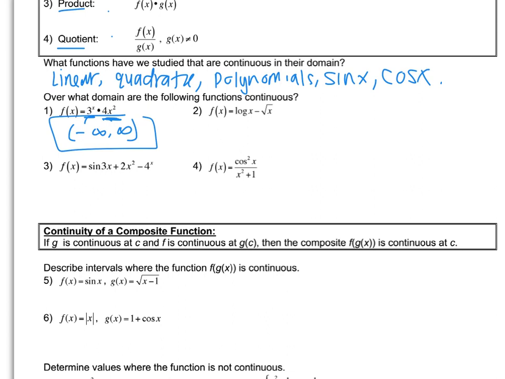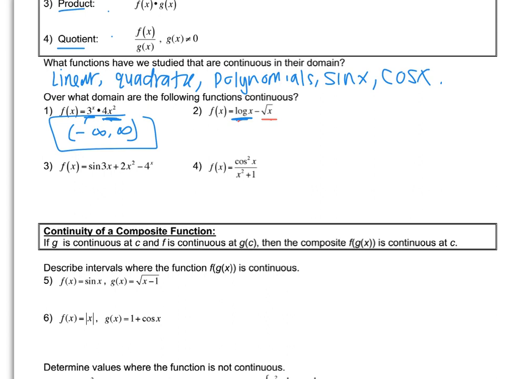Okay, so number 2, we have f of x equals the log of x minus the square root of x. So if we want to know over what domain that entire function is continuous, we can break it down into these two functions. Hopefully you remember from logs that we cannot take the log of a negative number, nor can we evaluate log of 0.